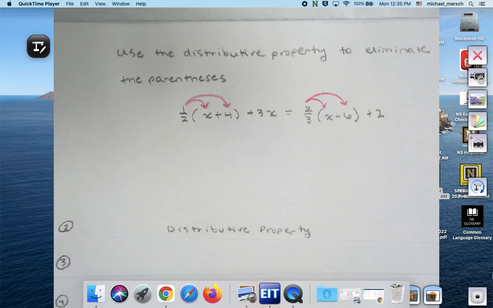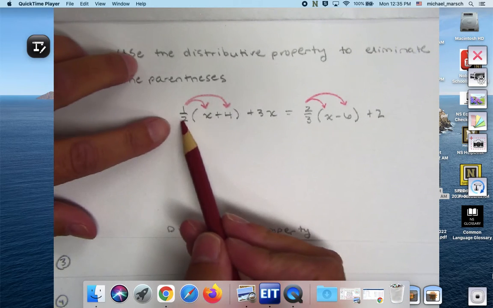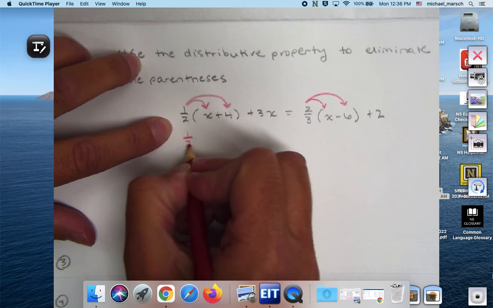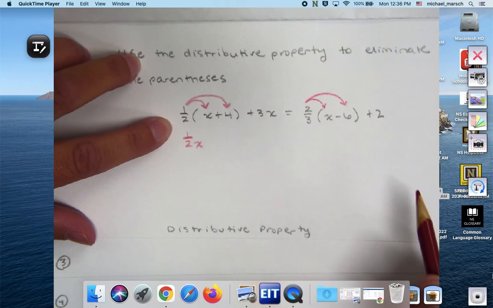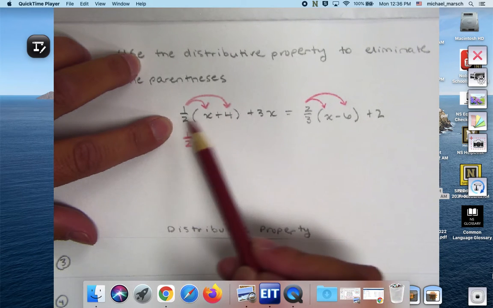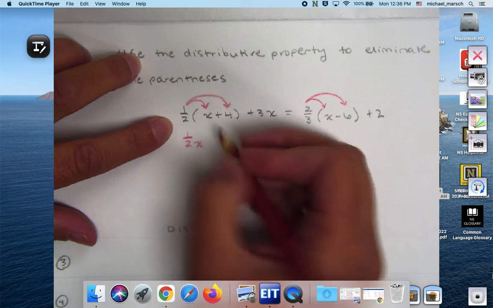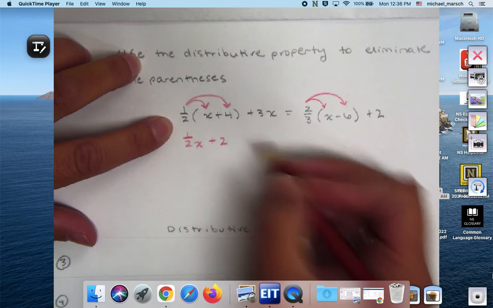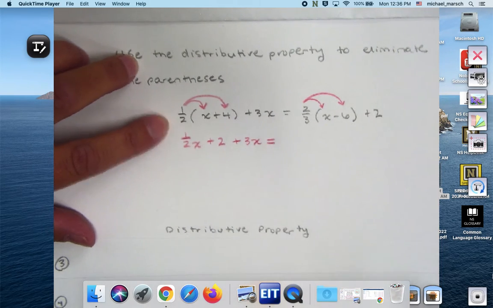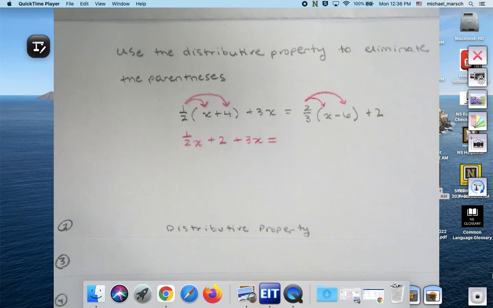Okay, so remember this is like multiplication. So 1/2 times x is going to give me 1/2 x. 1/2 times 4. So what's half of 4? 2. It's going to be 2. And then I don't do anything with the 3x. It just stays where it is because it's not part of the parentheses. Nothing's being done to it.